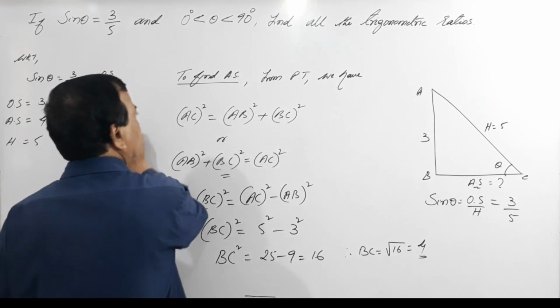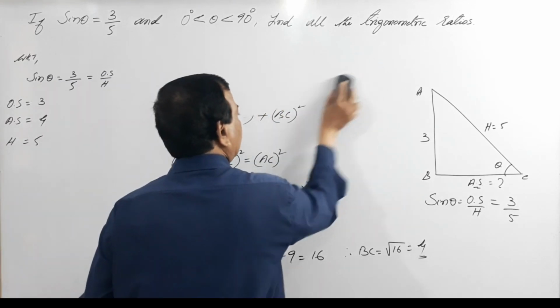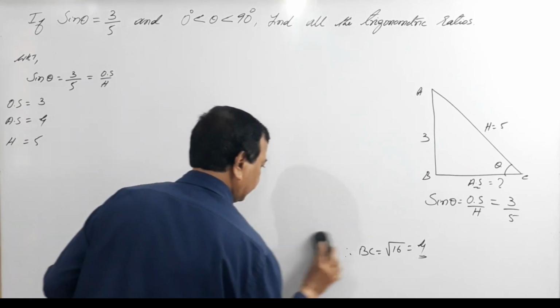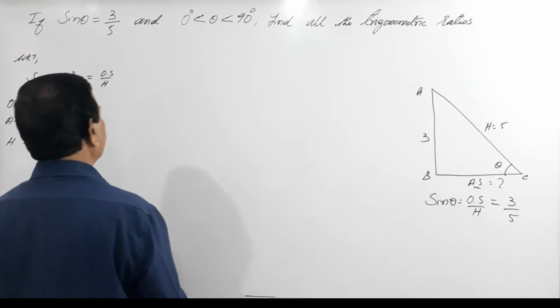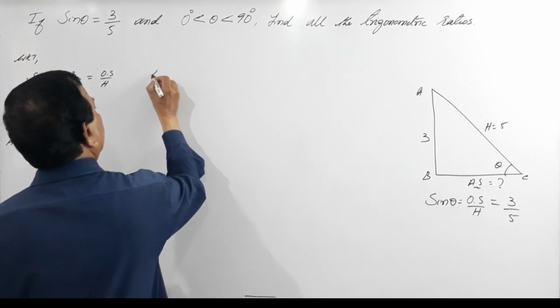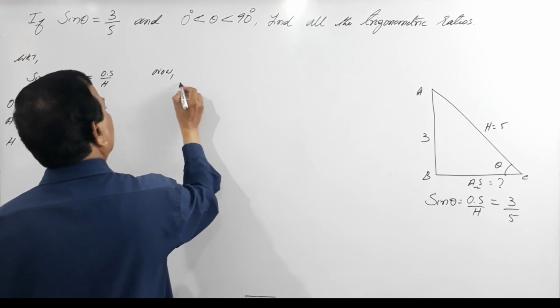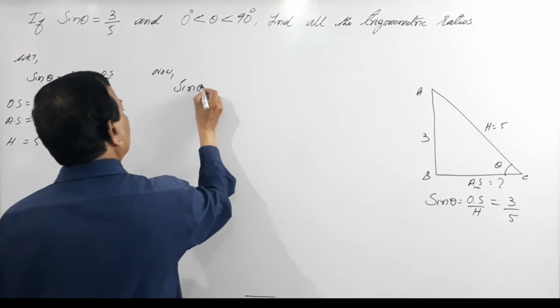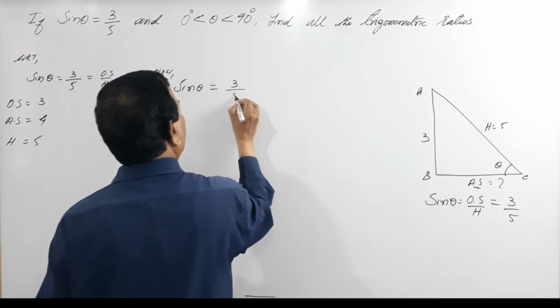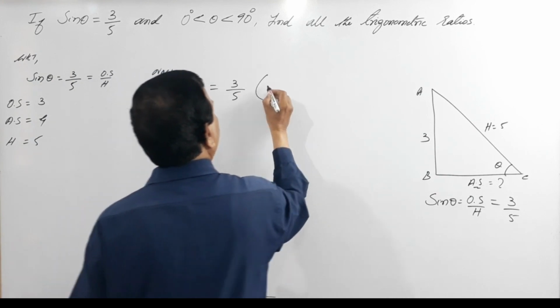Okay, I'll rub this. Now, sin theta equals 3 by 5. In the brackets mention that it is already given.